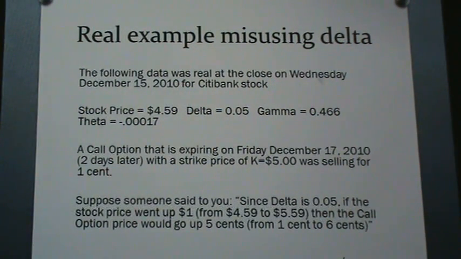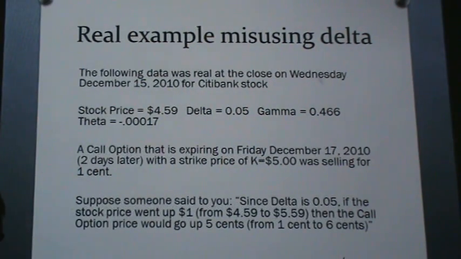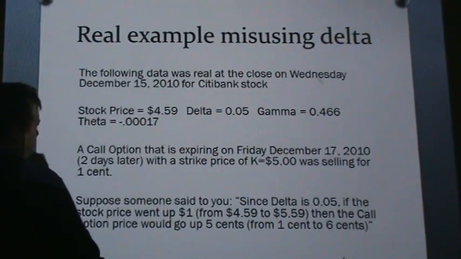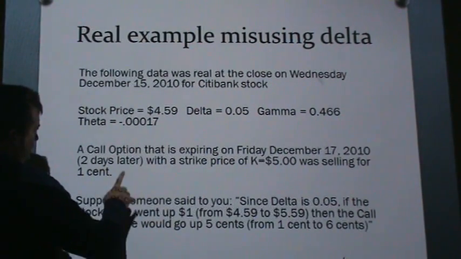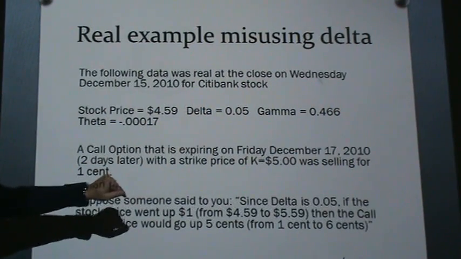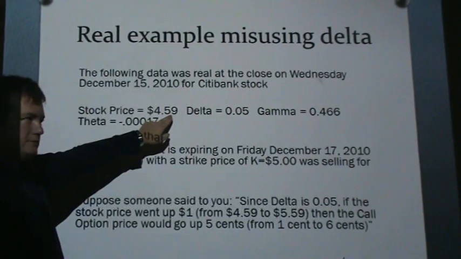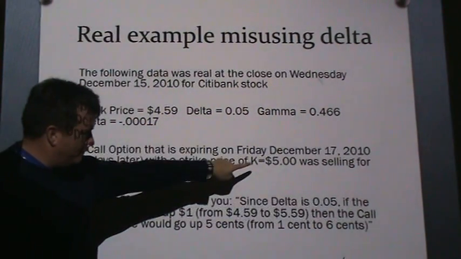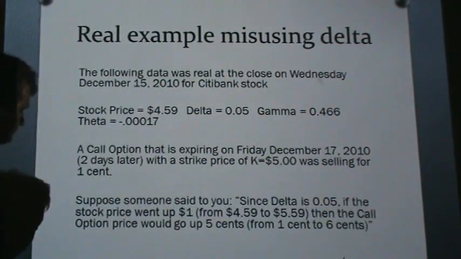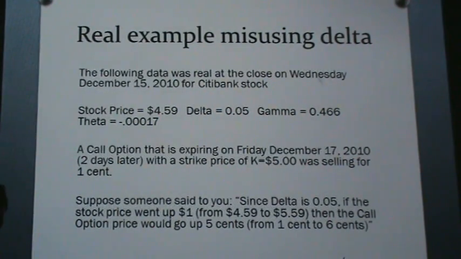I'm sure that the theta would be extremely high because every day that goes by, this thing is getting killed. The call option was expiring on Friday, 2 days later, with a strike price of $5. So the stock has to go up 41 cents before we start being in a position to make money.